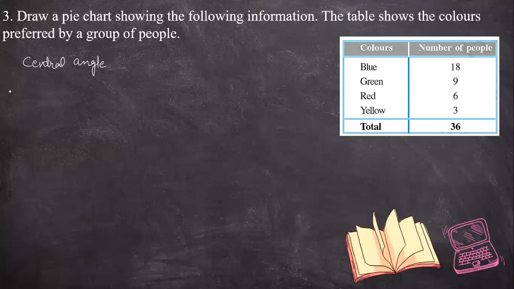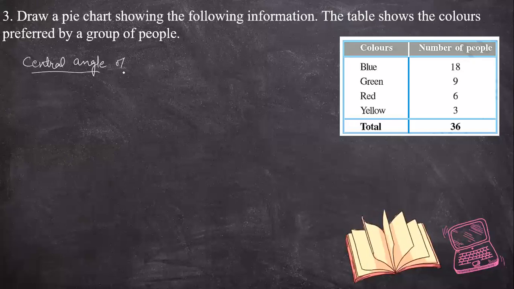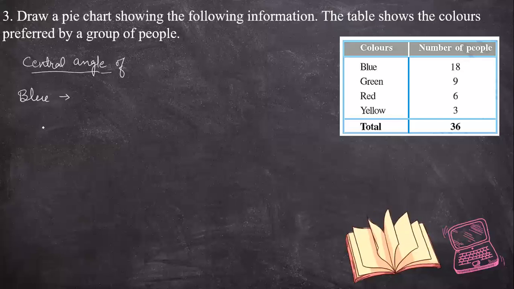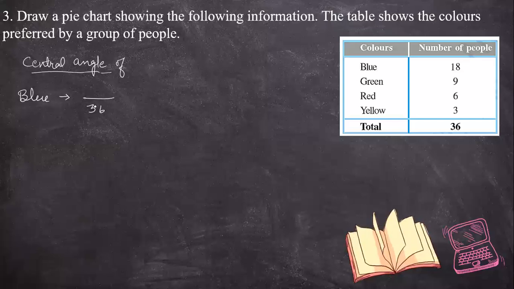First of all, I'll find for blue, right? Now total number of people is 36. Out of that, 18 opted for blue color. Total degree 360 degree. You know that central angle is 360 degree.